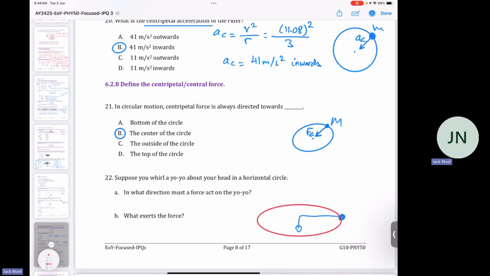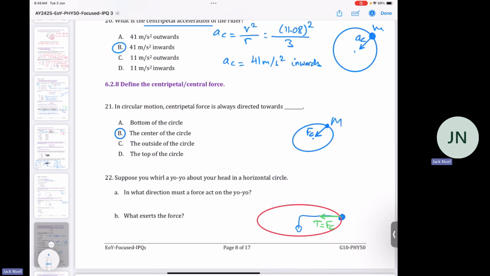So when you are whirling it in this direction, actually, there is a string, right? So in what direction must the force act on the yo-yo? It has to act, I'm going to use this color, in this direction, the force. And it's actually a tension force, which is equal to a centripetal force. Okay, so this is the case when it comes to the force.